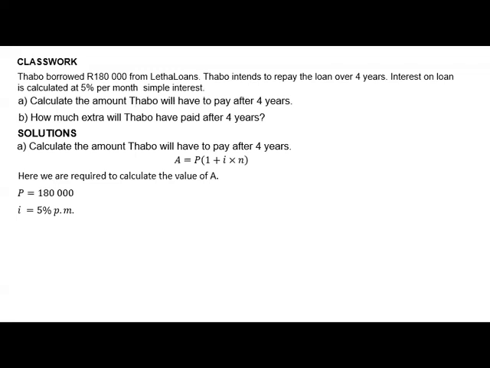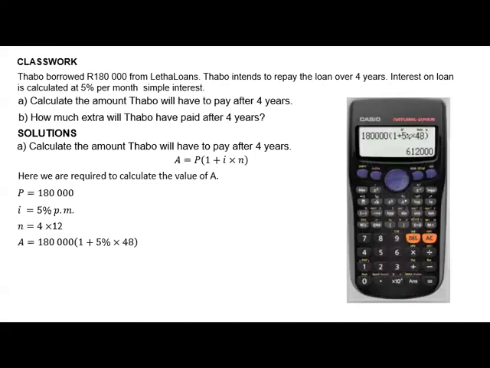So to find N, it has to be in months. Because your interest rate is per month, your N had to be in months. That's why you had to take those 4 years and change it into months. 4 times 12 was going to give you 48, and you put it into your calculator. And when you put it into your calculator, A was going to be 612,000.